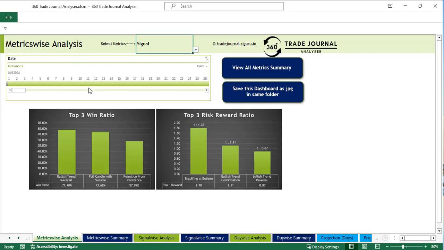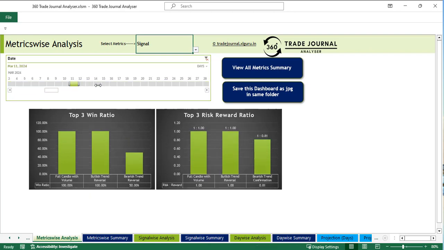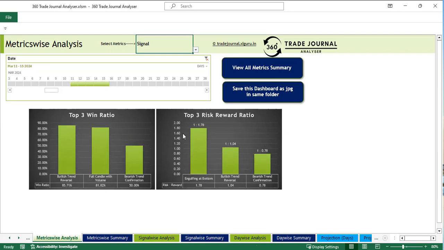So this is the first dashboard, the metrics wise dashboard. You can also select the date range. You can change the date range as well, like if you want to check it for only, for example, the first few days, 11 to 15, you can do that as well.